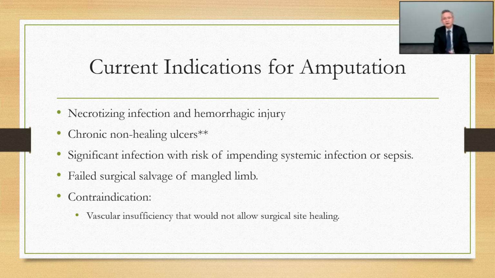That's kind of odd. Personally, I think vascular insufficiency should be a contraindication for surgical amputation, mainly because if you can eliminate the vascular insufficiency, this chronic non-healing ulcer would heal and you would not need a surgical amputation.